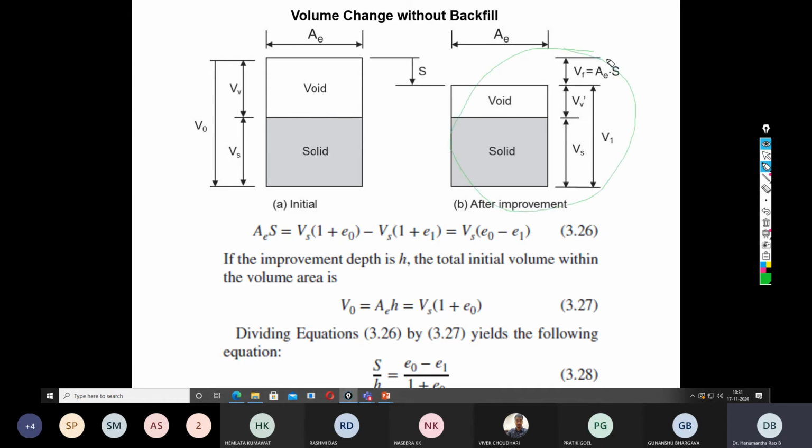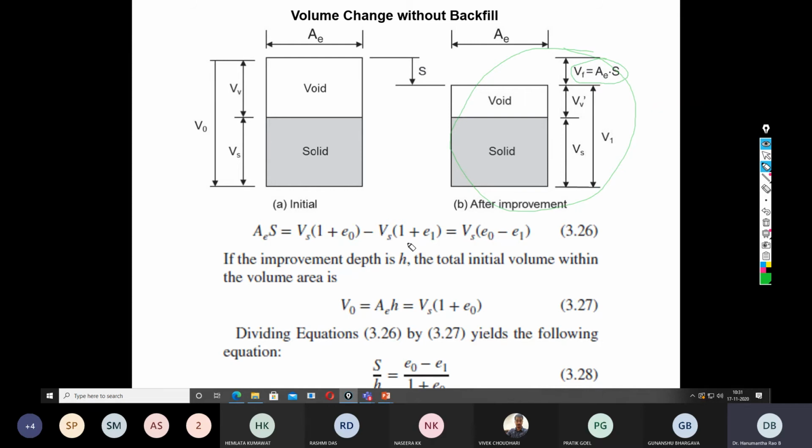Now Vf is nothing but the volume change after post-compaction. So ideally speaking, this is the total change in the volume that is happening, or in other words, the volume of the soil that should be replaced with the aggregate material.